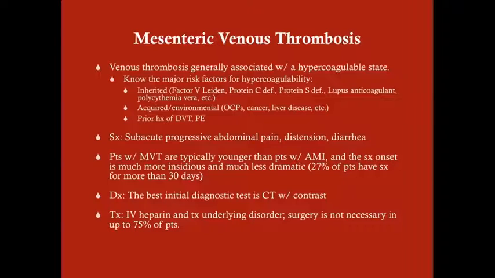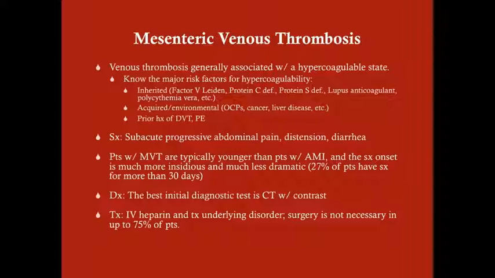And patients with mesenteric venous thrombosis, in comparison to the patients with acute mesenteric ischemia, which certainly should be on your differential, are usually younger. They're not the older patients that have atrial fibrillation or post-MI, and usually the symptom onset is going to be much more insidious.